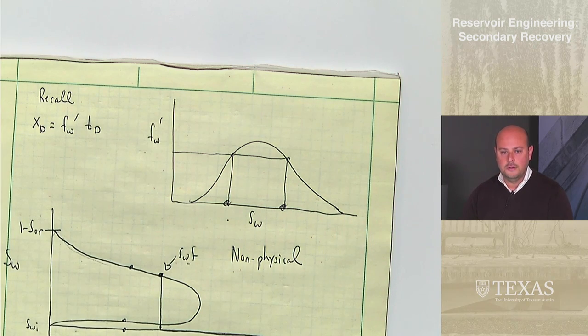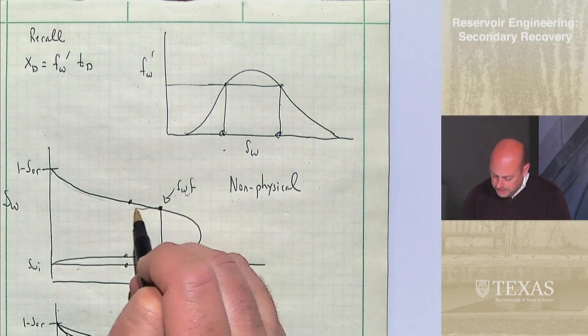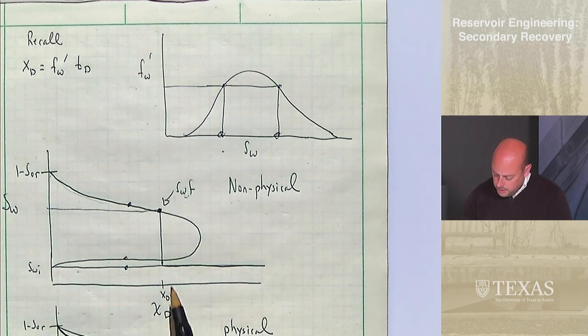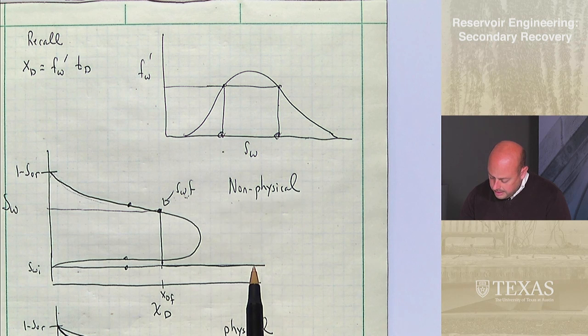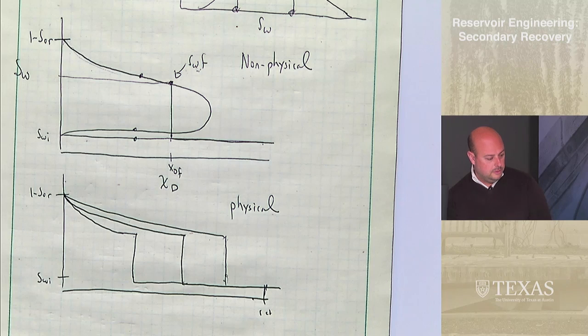Remember, F stands for front. So XDF is the front location. SWF is the water saturation at that front location. So for any XD greater than XDF, the saturation is 0. I'm sorry, not 0, but equal to the initial water saturation. Okay, and you get these plots over here.